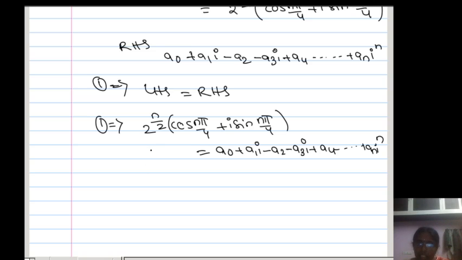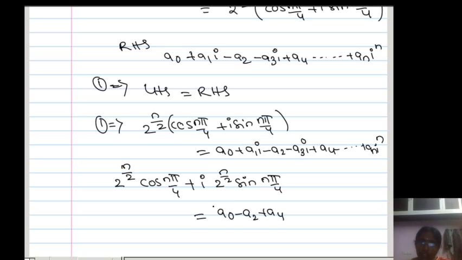I am writing the real part and imaginary part separately. 2 power n by 2 cos n pi by 4 is the real part, plus i into 2 power n by 2 sin n pi by 4, the imaginary part, in the above equation. Now on the right side, what is the real part? a naught minus a2 plus a4 minus a6, alternating signs on even terms, and so on.